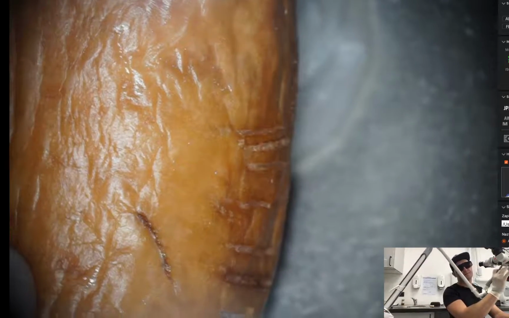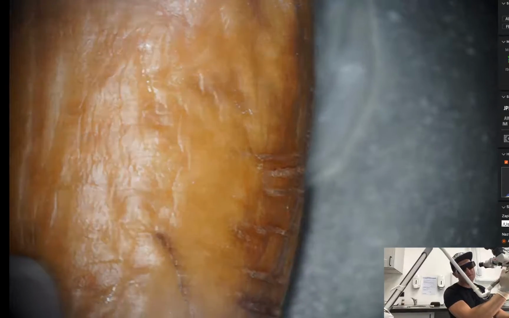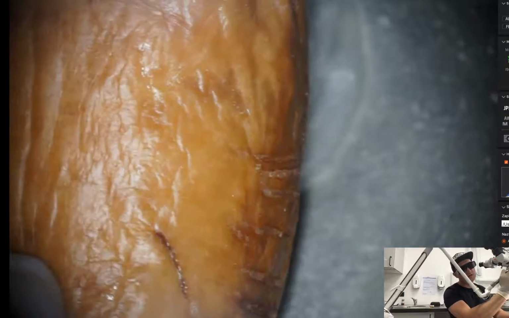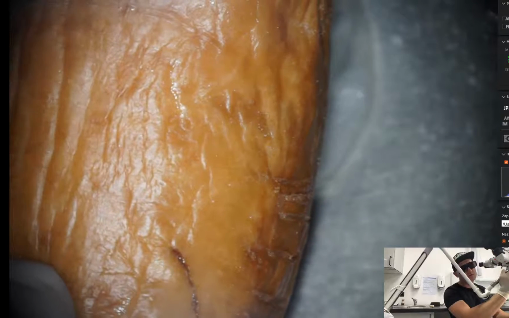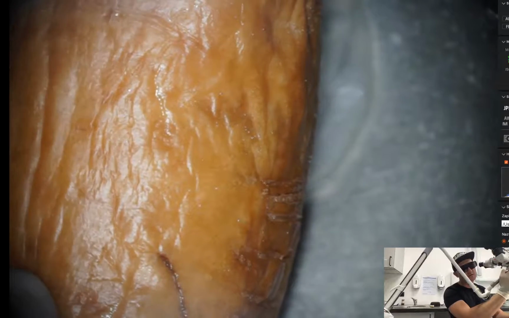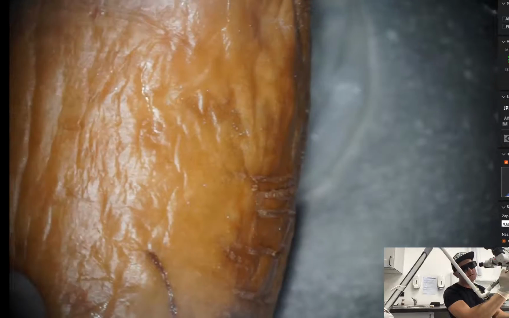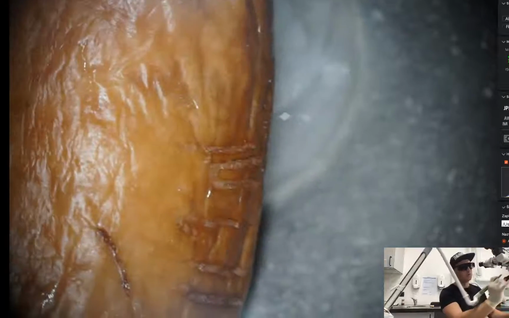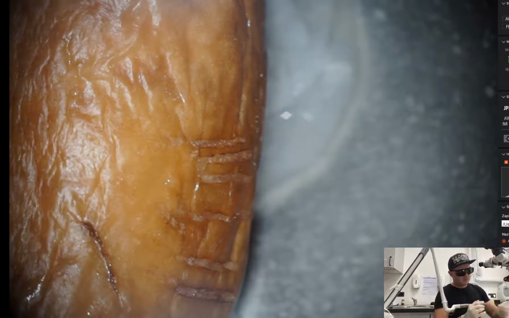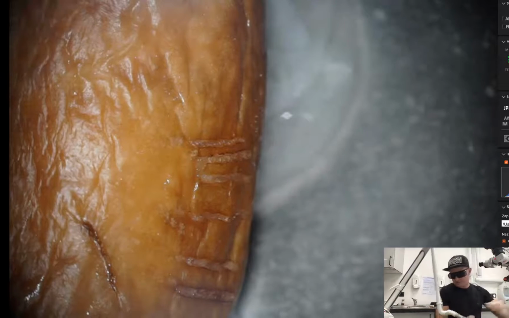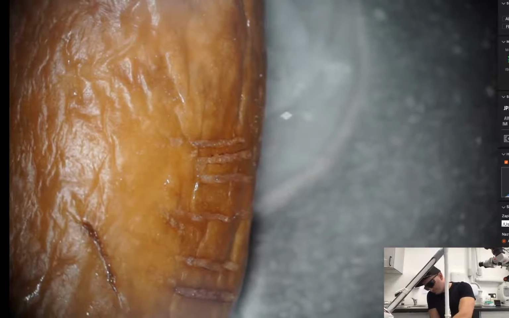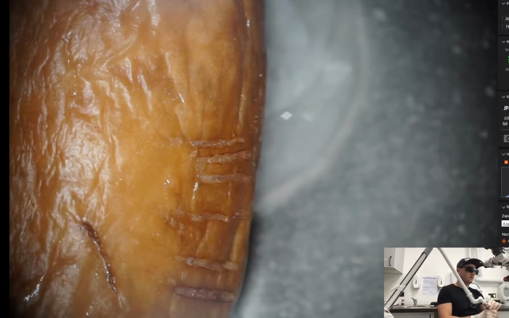As you can see, edges are much sharper and the depth of the cut is more shallow. I will increase the frequency up to 20 Hz.